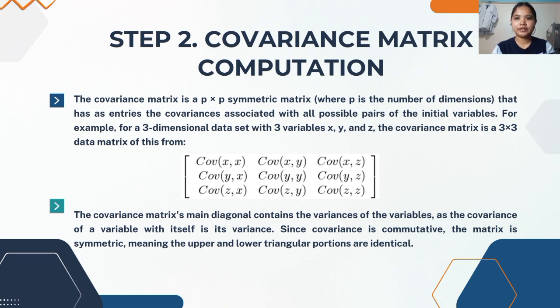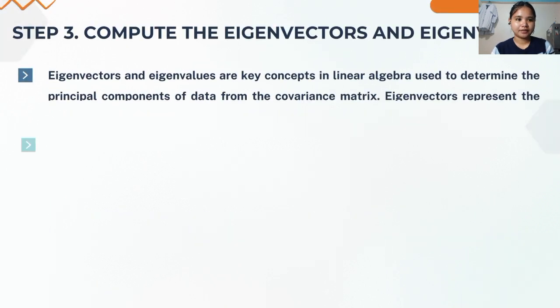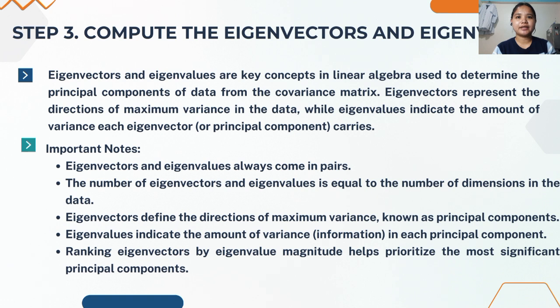As we all know, the covariance matrix's main diagonal contains the variances of the variables. And as for the covariance, since it is commutative, the matrix is symmetric, meaning the upper and the lower triangular portions are identical.